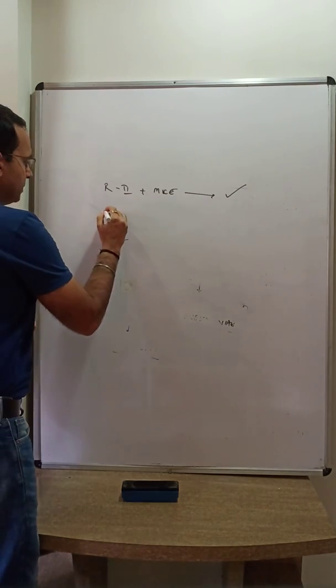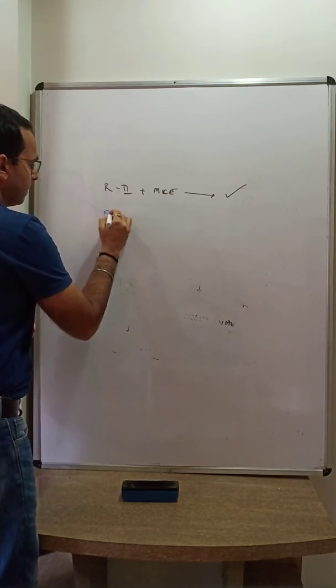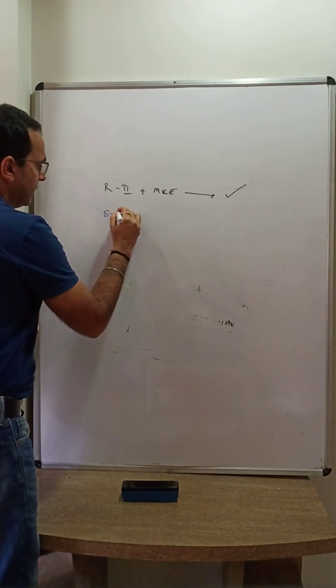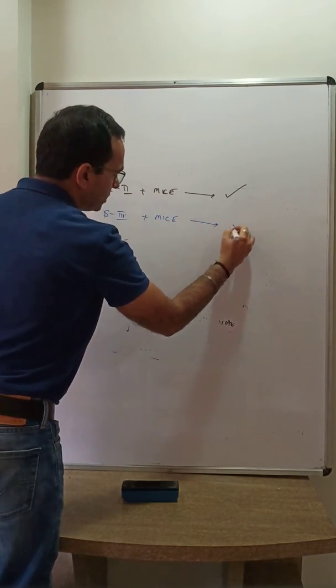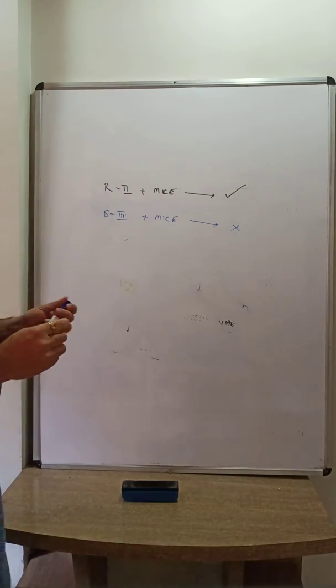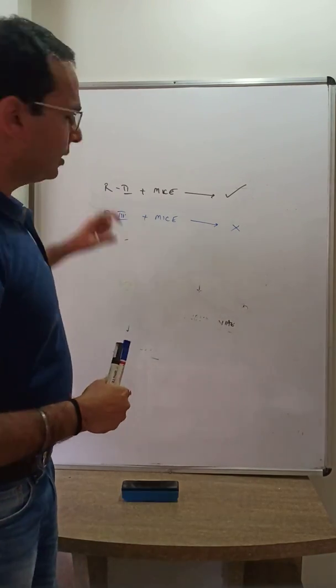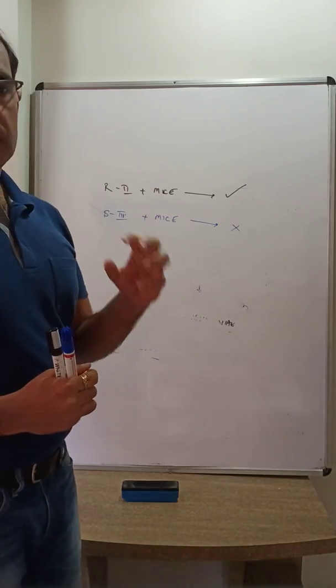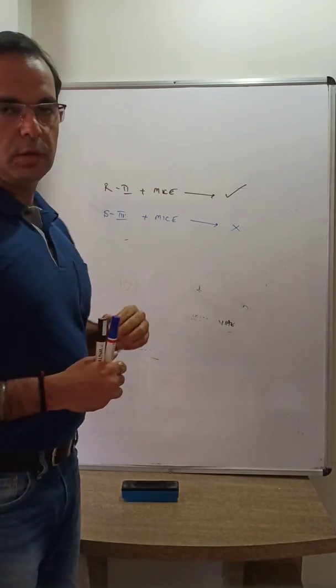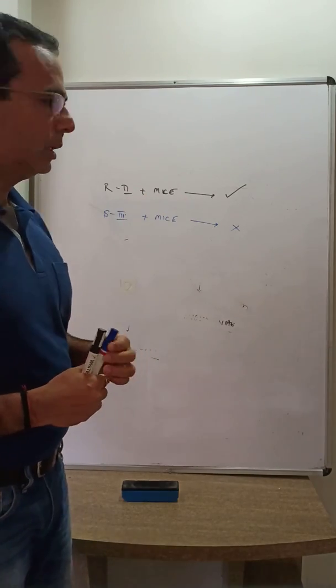In the second experiment, he injected S3 into mice, and the mice died. So there was something within this S3 strain that killed the mice. That principle or that molecule was absent in the case of the R2 strain.